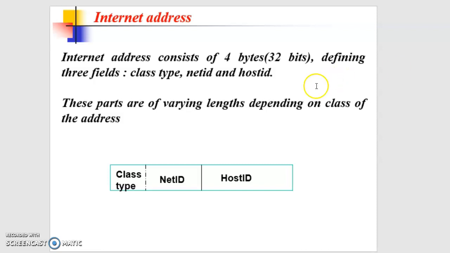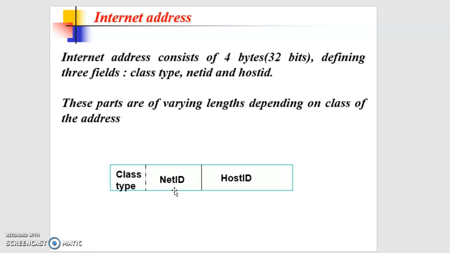As you can see here, this 32-bit address is divided into two sections. One is the net ID and the other is the host ID. What I mean by net ID is that you uniquely identify in which network your device is. Suppose in an organization we have various networks, like one of the company's in Pune, one in Delhi, one in Mumbai.